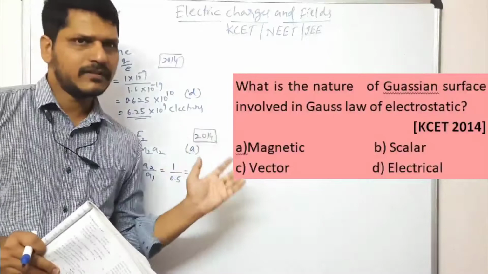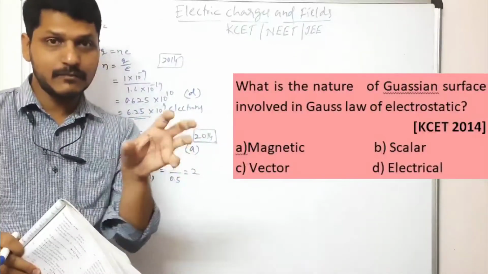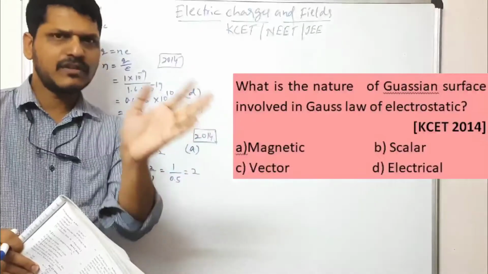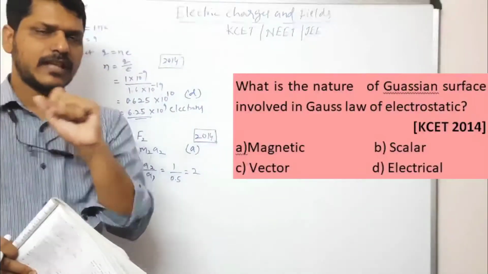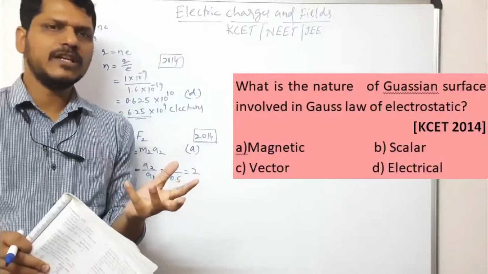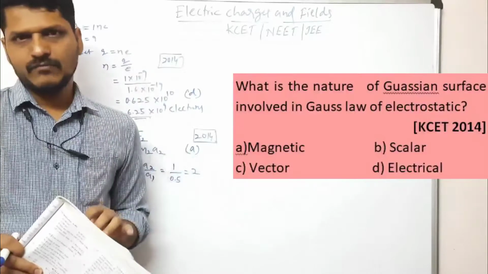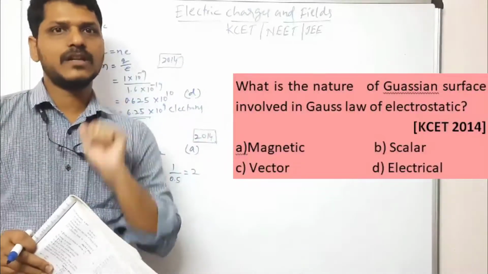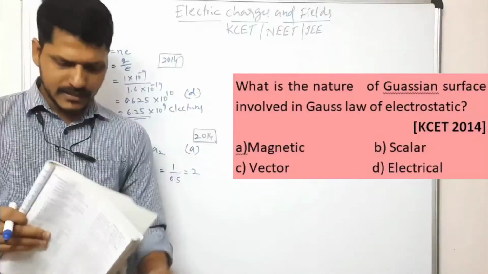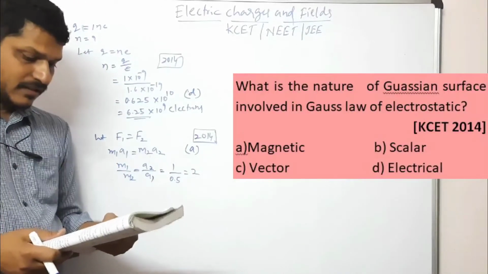Whatever the magnitude of the charge is, that much flux is coming out. So whatever may be the shape of the body, the Gaussian surface represents a vector, because electric flux is coming out from the Gaussian surface. According to the given options, what is the nature?